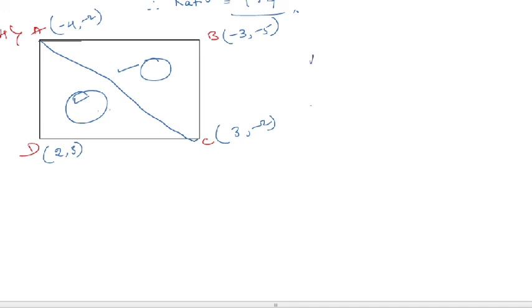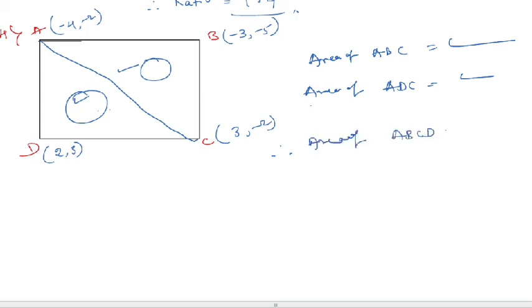First area of triangle ABC, you will get something, then area of ADC, you will get some value, then area of quadrilateral ABCD is equal to area of ABC plus area of ADC. You will get the area of quadrilateral ABCD. So which is similar to previous problem. Do it yourself.